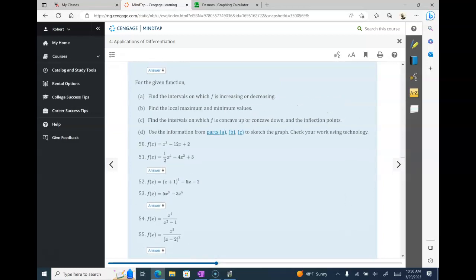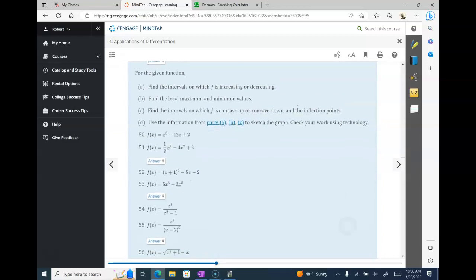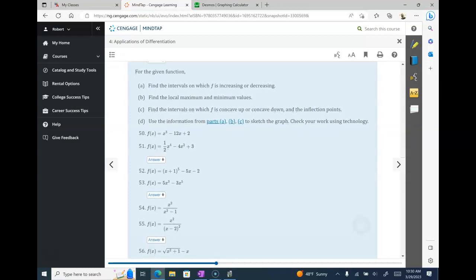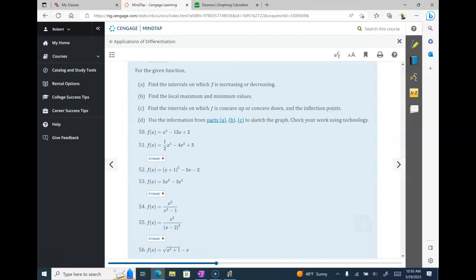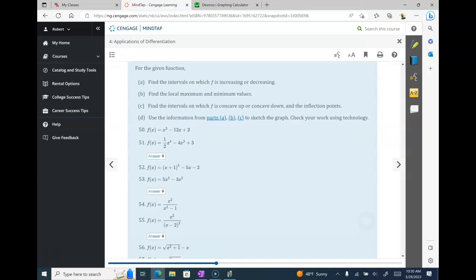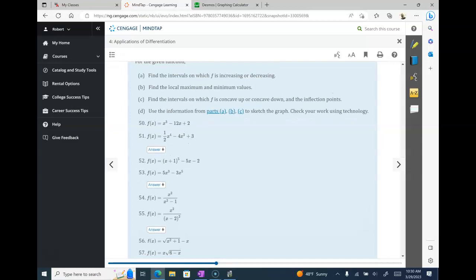So if you look at the instructions here, for the given function, a bunch of the next problems, find the interval where it's increasing, decreasing. That's first derivative test, not going to do it. Find the local min max values. That's first derivative test, not going to do it. Also could be second derivative test, so maybe I'll do that part. Find the intervals for which it's concave up. It's only going to be one interval. It's always going to be concave down, I believe.